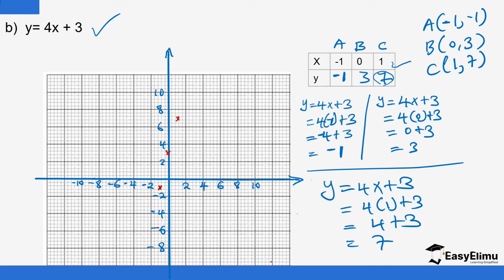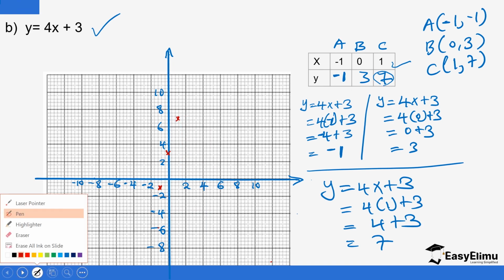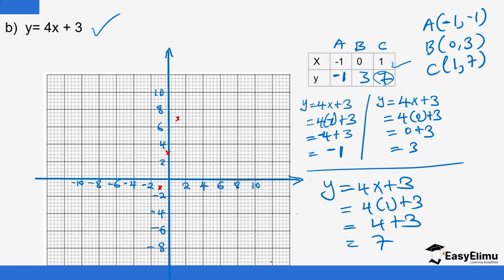Then you draw a straight line that is passing through those points. The 3 points must be in a straight line. That way. Then you label the line. Y is equal to 4x plus 3.